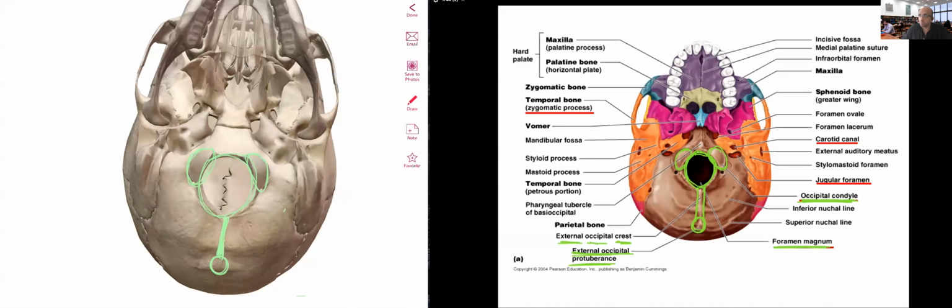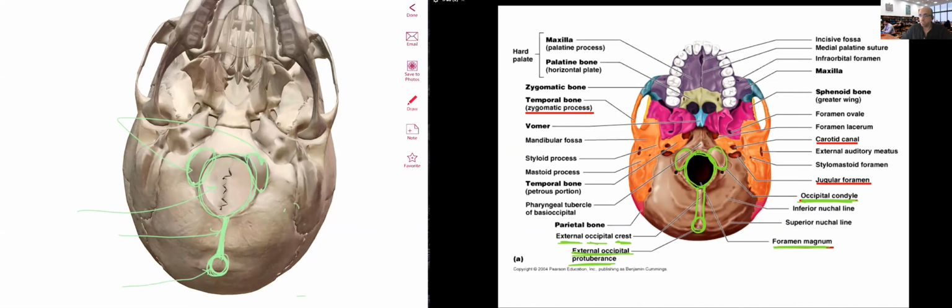External occipital crest. So again, what we're looking at here is the external occipital protuberance, external occipital crest, foramen magnum, and here the occipital condyles.